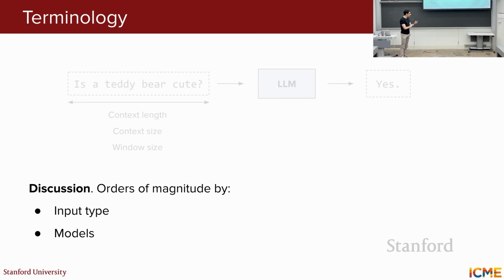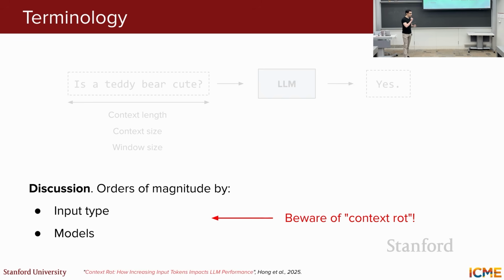Does that mean it's all nice and pretty? If we have more context length, is it going to solve everything? Actually not. There is a phenomenon that was recently dubbed as context rot in a paper from earlier this summer, where the authors experiment with the capacity of the model to retrieve some piece of information in a test called needle in a haystack.